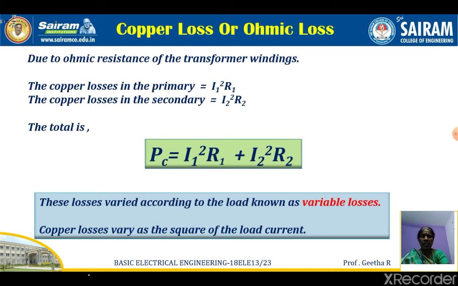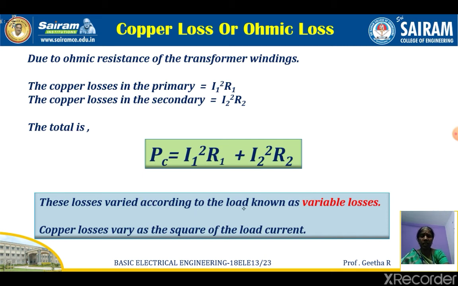These losses vary according to the load, so they are known as variable losses. The copper losses vary as the square of the load current. The load current I2 is the output current. You can see here that it is proportional to the square of the current.